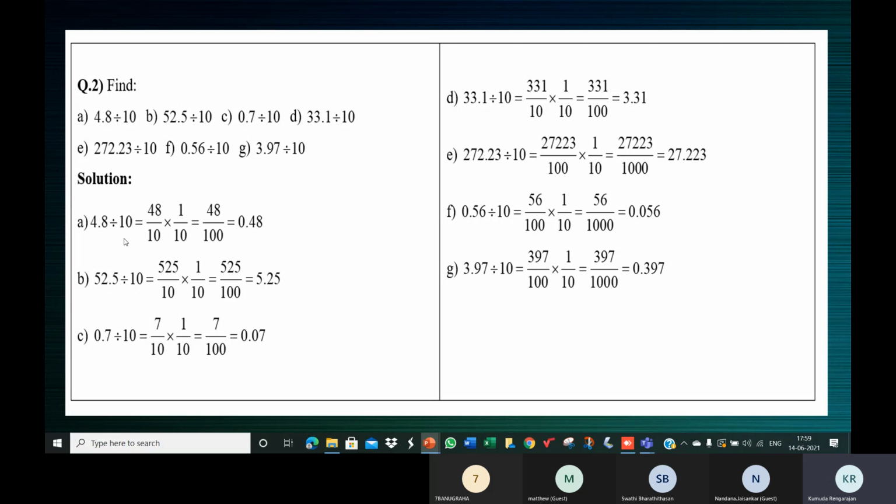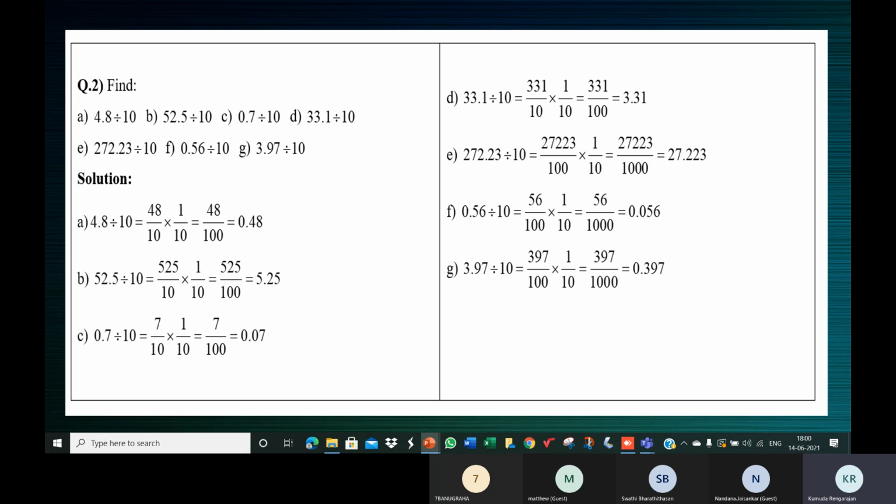See, when you're dividing, the number becomes small. When you multiply, the number becomes big. Like say there are 15 chocolates and 3 of you have to divide them. You will get a smaller share, right? When you share 15 chocolates, you divide by 3. Each of you will get less, 5, 5, 5.